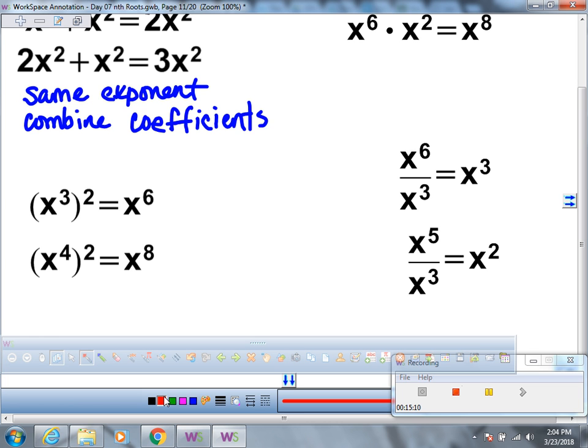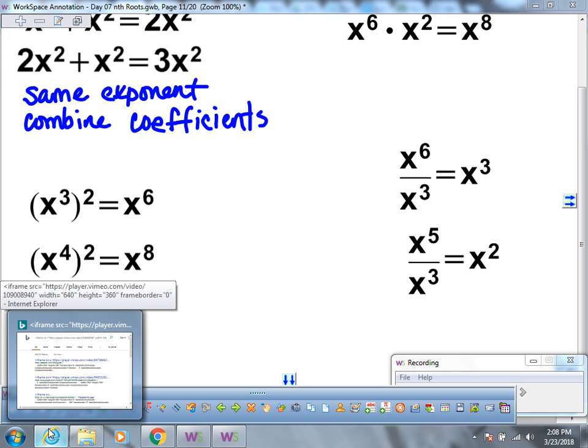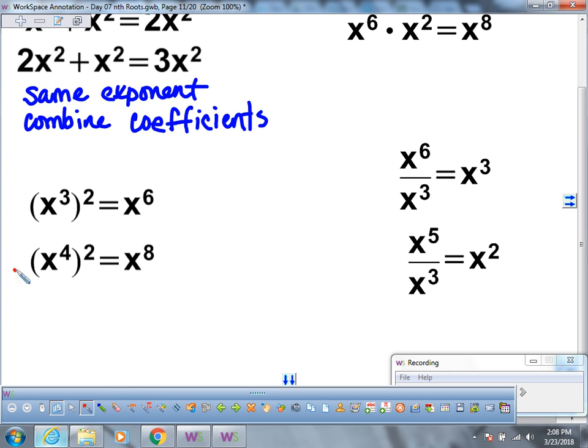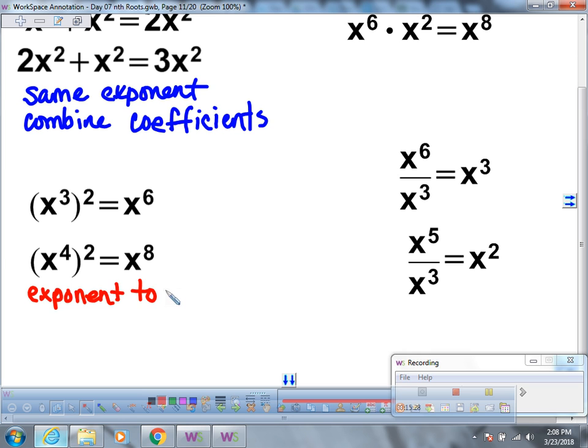Because you don't normally call them powers. Okay, so when I have an exponent to an exponent, we multiply.